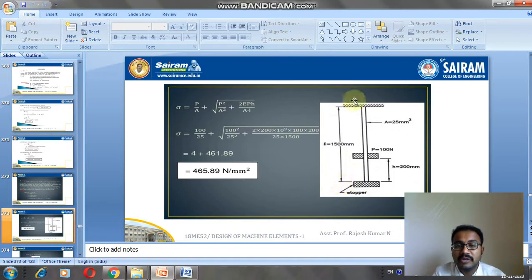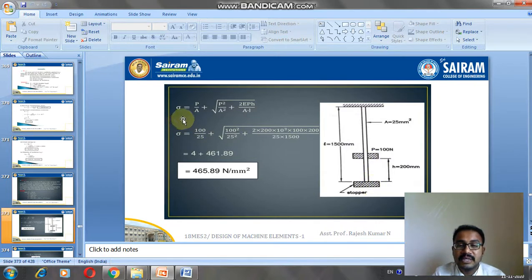For your reference, you can draw the sketch. You can see the area value, the length value, the load value, and the falling height value, and even the collar or the stopper. Everything is shown pictorially, so that it will be easy for us to find out what kind of load it is. Again, it is an axial load, since the load is falling along the rod axis.